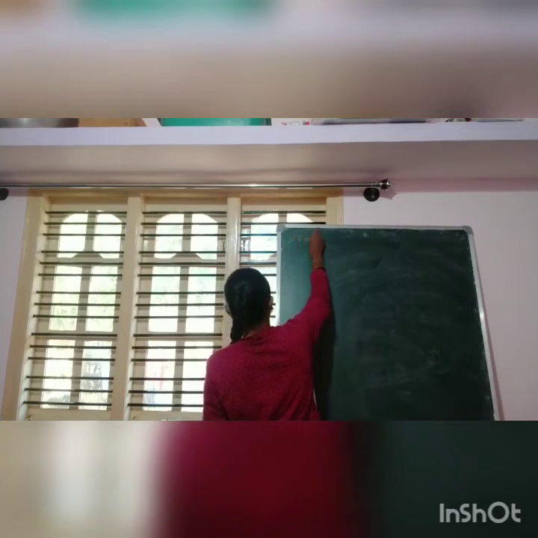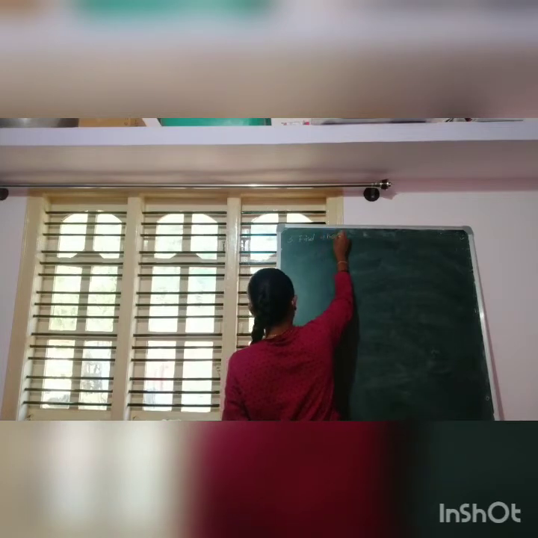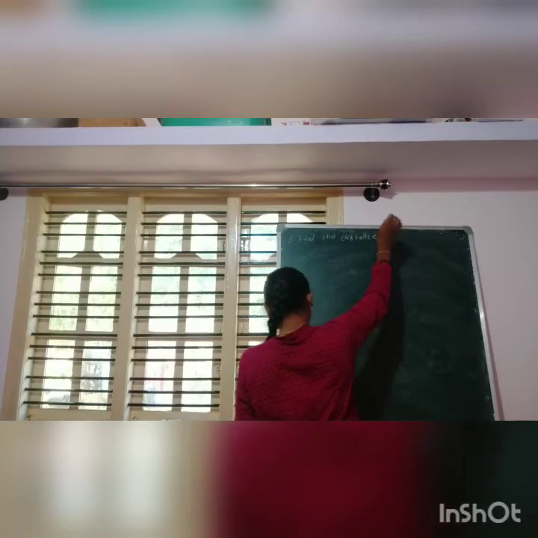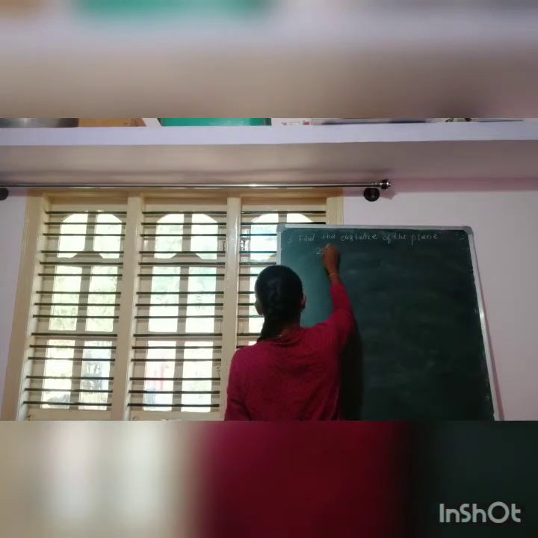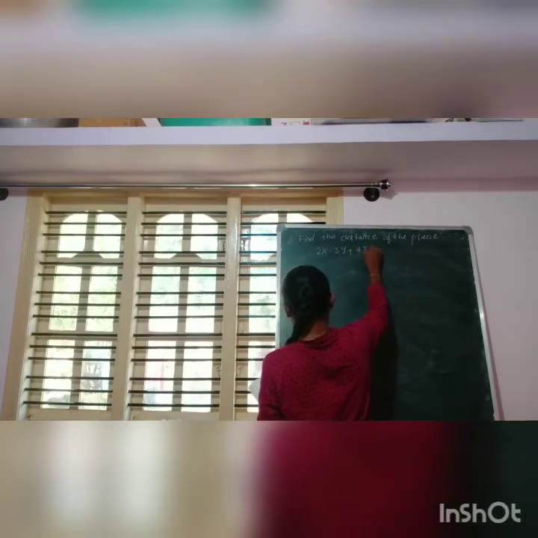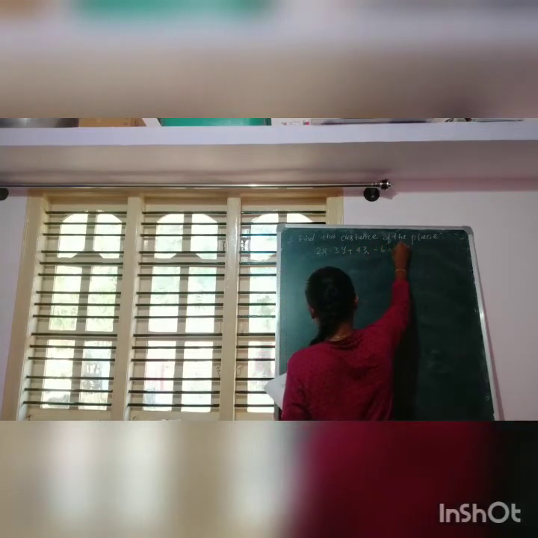So, the last example in this: find the distance of the plane 2x minus 3y plus 4z minus 6 is equal to 0 from the origin.